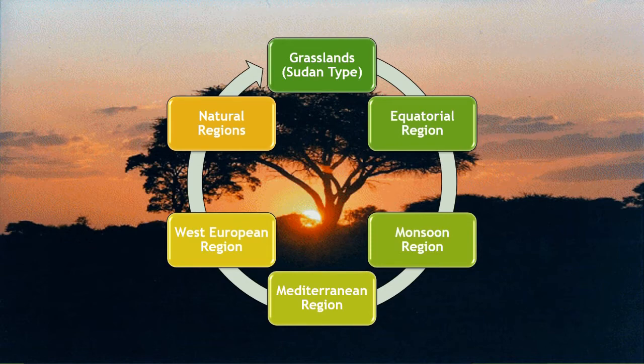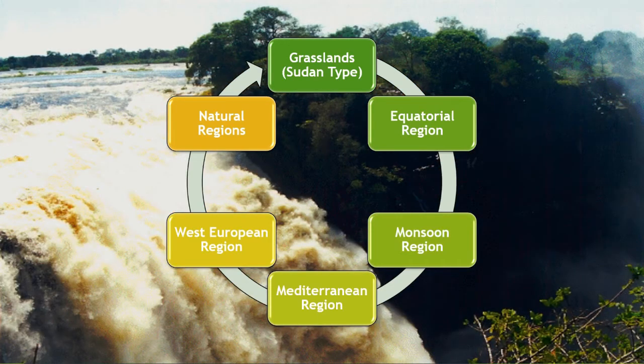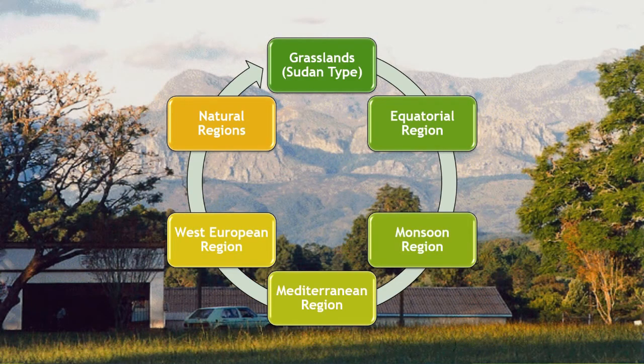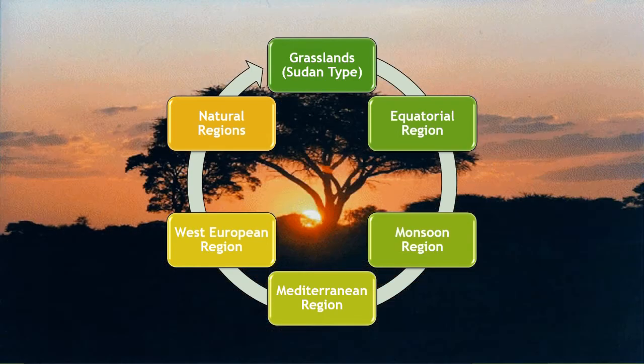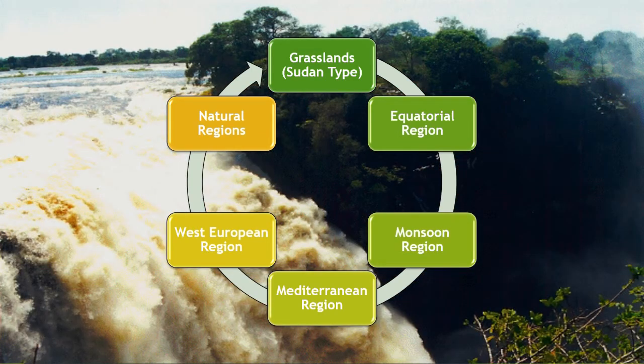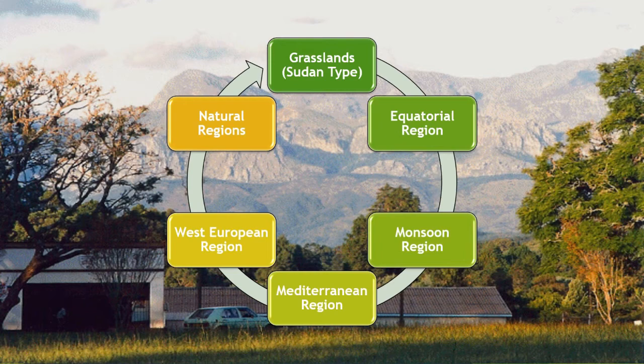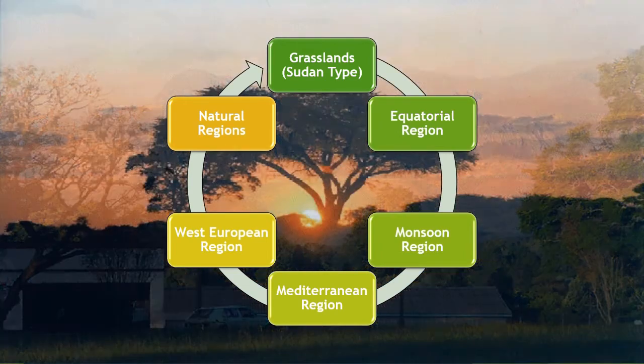And the West European region, we spoke about how it is related to having a mild climate, neither very hot nor very cold. It's in between. We also looked at the natural regions of the world and how they affect the life of people living in that particular region.